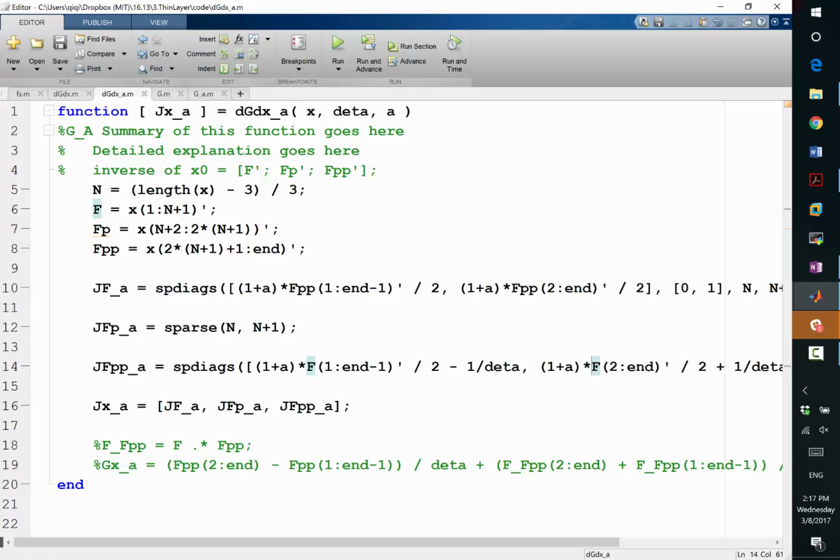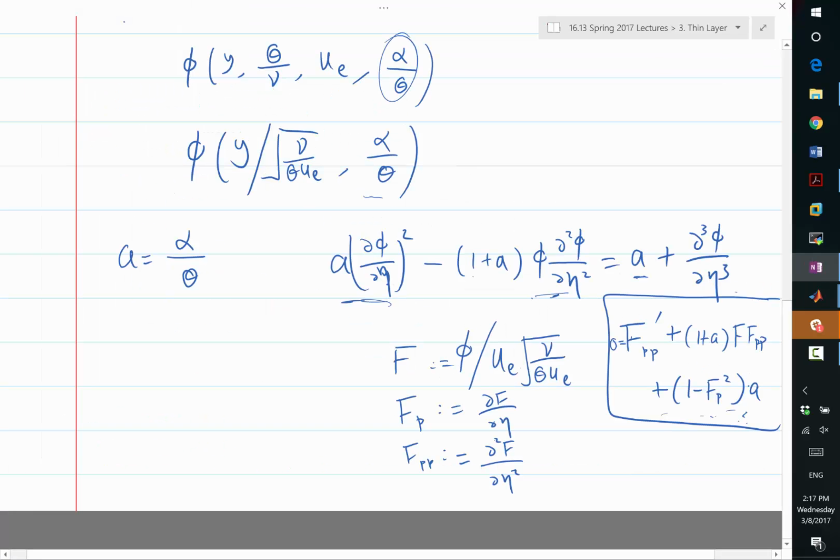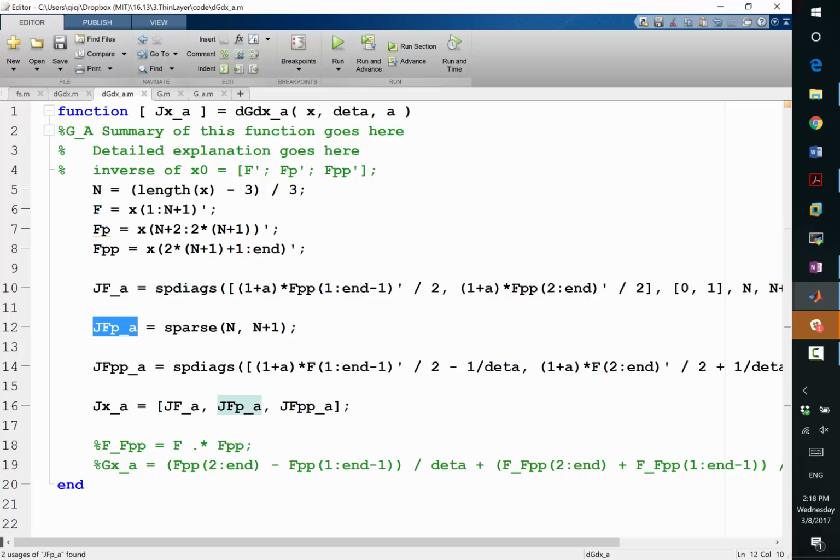This is the derivative of the equation with respect to F. This is the derivative of the equation with respect to FPP. We introduced another term that only depends on what? Fp, right? 1 minus Fp squared. So this derivative is no longer zeros.